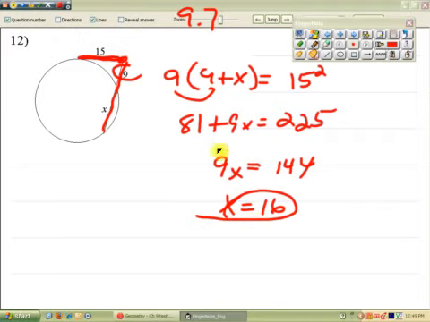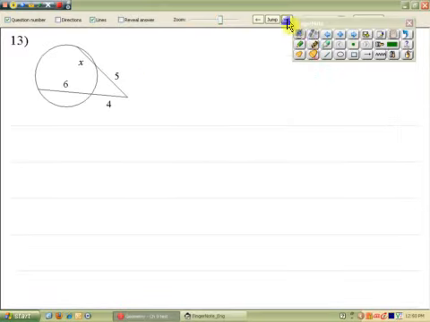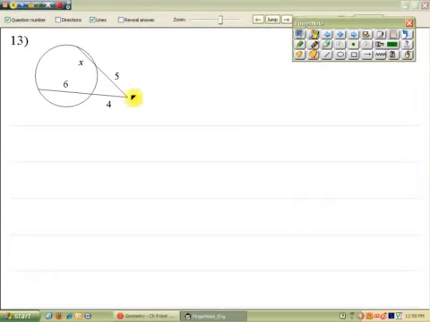Okay, so that's the tangent line, which is my green line, and the secant line is my red line. The tangent line is squared and the secant line is set up by multiplying the outside times the total. In 13 we have two secant lines. We don't have a tangent line.